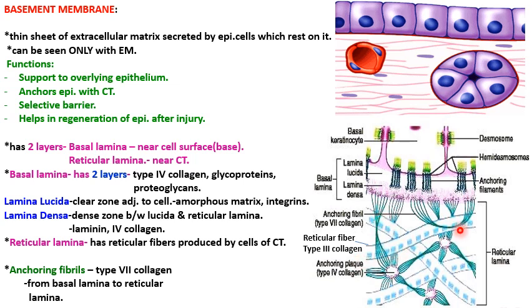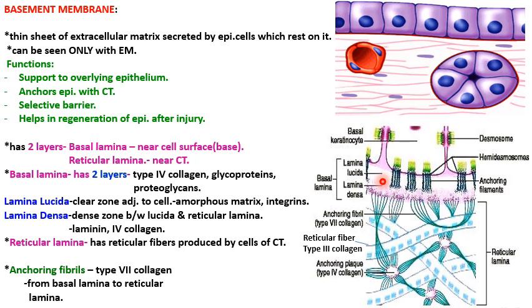The reticular fibers have type 3 collagen, and the anchoring plaques within the reticular lamina have type 4 collagen. So for example, the anchoring filaments between the cell and the basement membrane are made up of type 7 collagen.